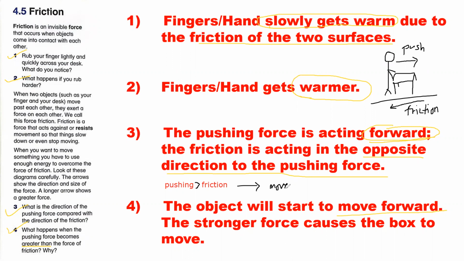It will cause the box to move only when it is greater. So the object will eventually start to move forward. This is because the stronger force causes the box to move. Only when the pushing force is bigger will it be able to move. I will stop here for 1 minute for anyone who wants to write down the answers.